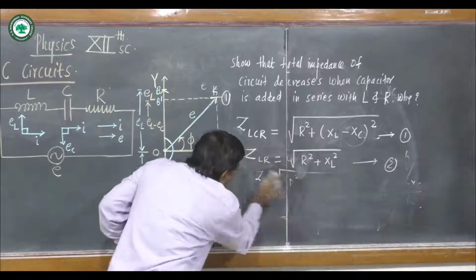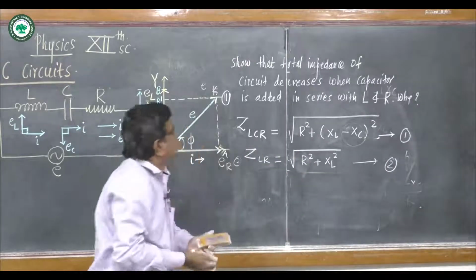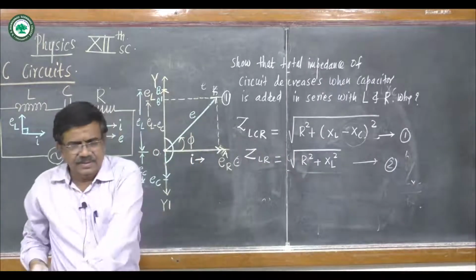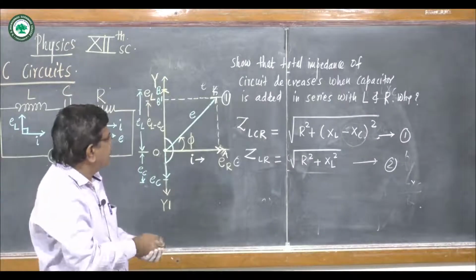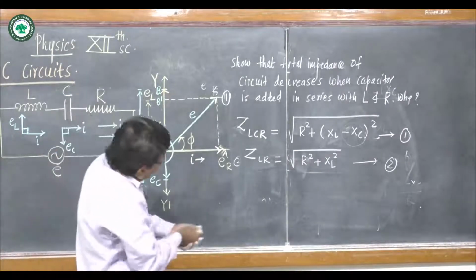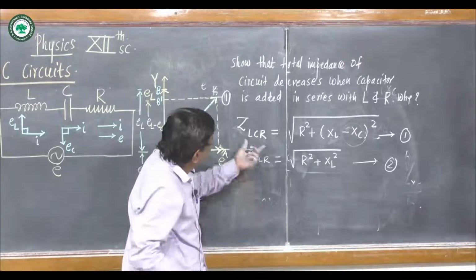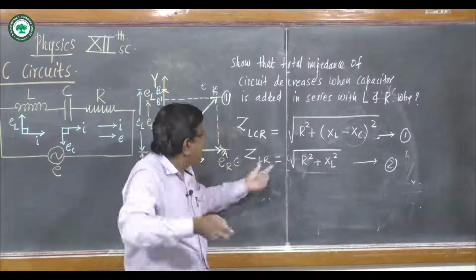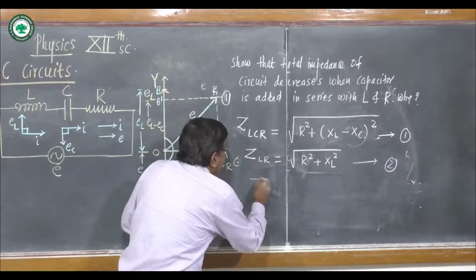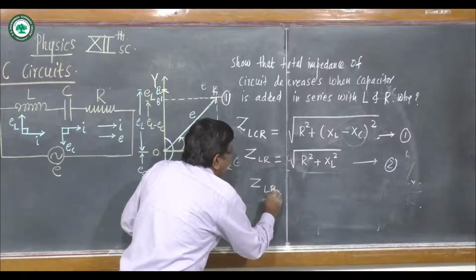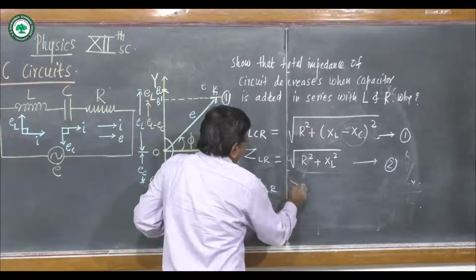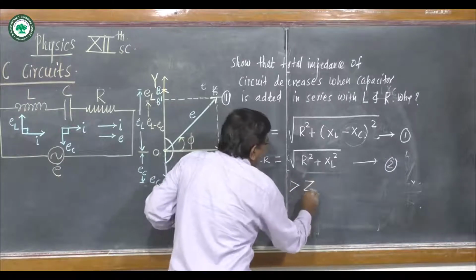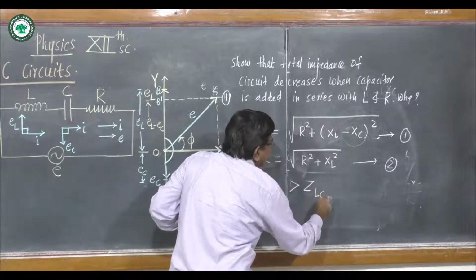If we compare equations 1 and 2, clearly the impedance when there is only inductor and resistor is greater than the impedance when all components are in series.